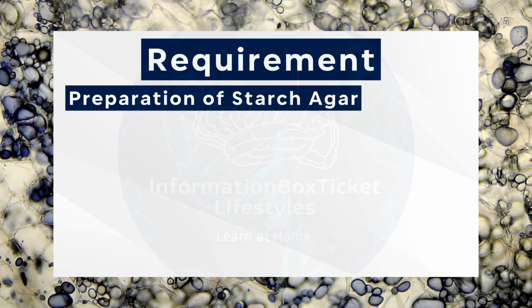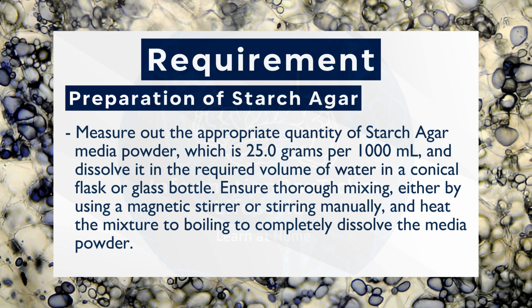Preparation of starch agar. Measure out the appropriate quantity of starch agar media powder, which is 25.0 grams per 1,000 ml, and dissolve it in the required volume of water in a conical flask or glass bottle. Ensure thorough mixing, either by using a magnetic stirrer or stirring manually, and heat the mixture to boiling to completely dissolve the media powder.